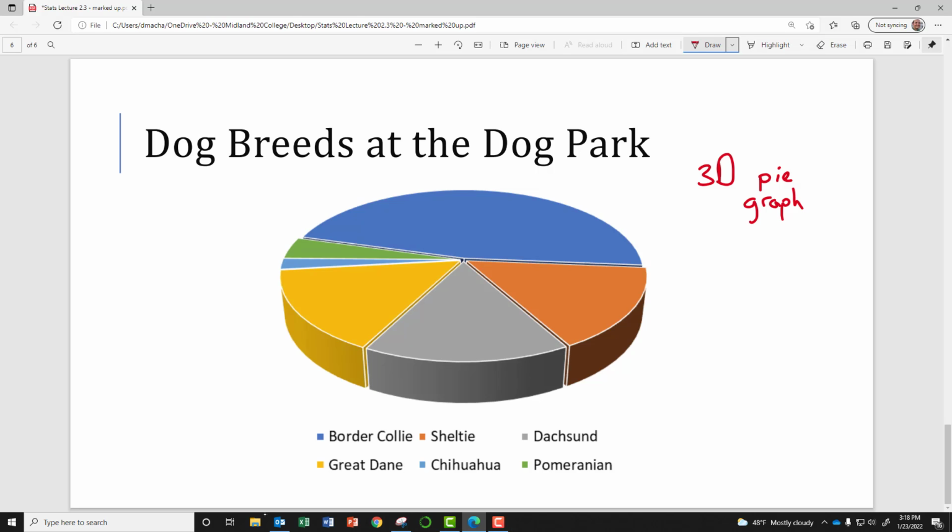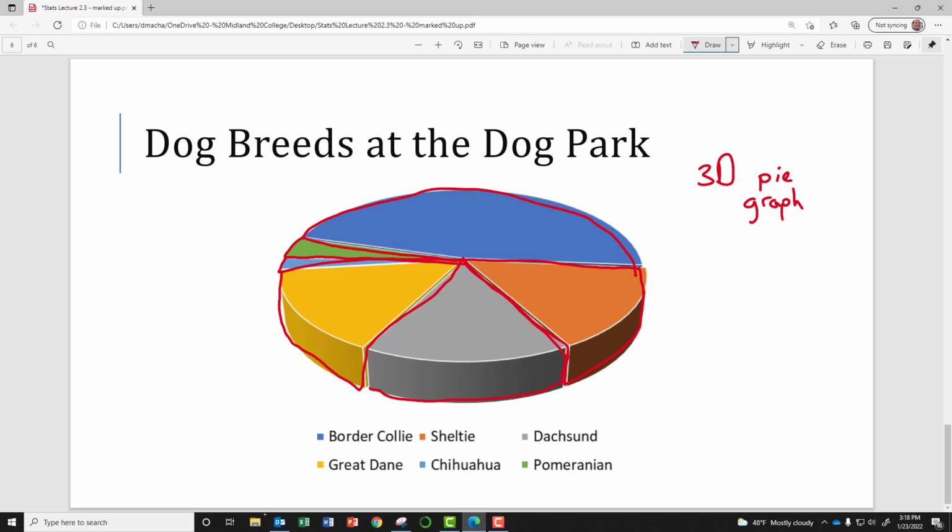Now my issue with this is that if you were to look at the size of these slices as it appears to you and estimate the proportion of the slice that this takes up in your field of view, I'll just approximate this for you guys because I'm trying to do my best to guess this out.